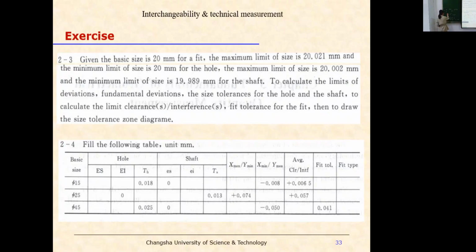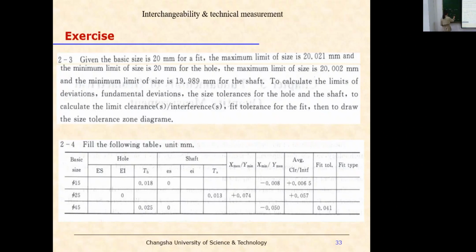No, no, no, 0.010. This is ES plus 0.008, right?